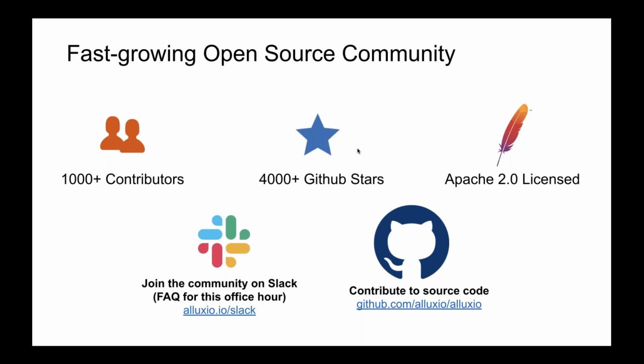The project itself is under the Apache 2 license, which, if you are working in the big data space, is the most popular and one of the most friendly licenses. And we have a Slack channel, where we strongly suggest doing office hour Q&A. You're also welcome to contribute to our source code in our GitHub repository listed here.